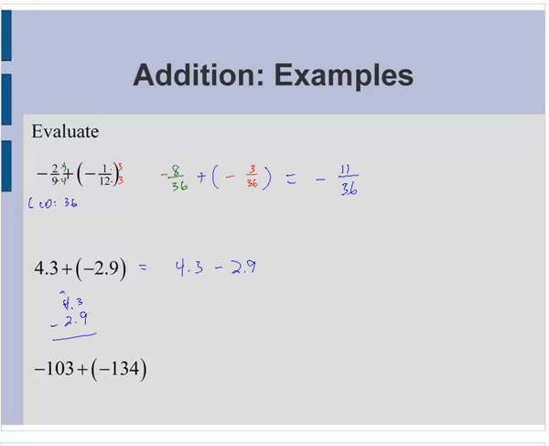We have to borrow here. And subtracting gives us 1.4. Negative 103 plus negative 134 have the same sign, so negative. And adding the values would give us negative 237.